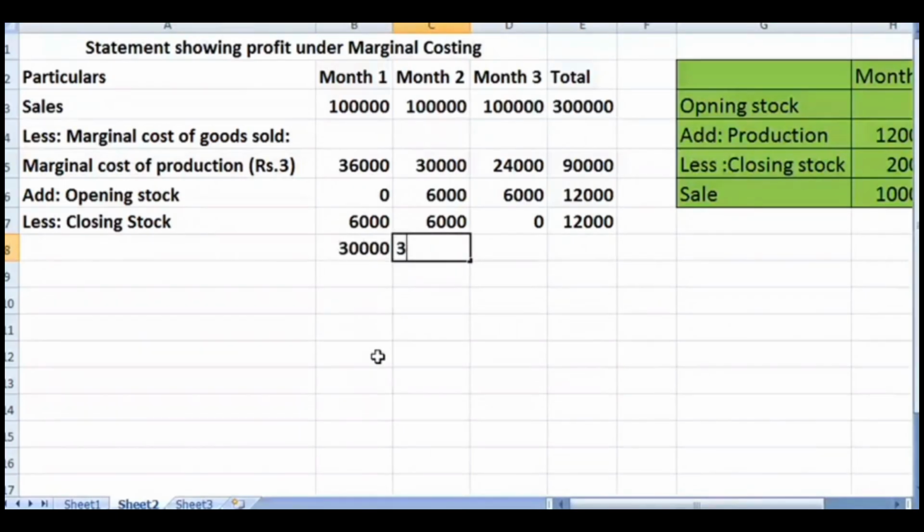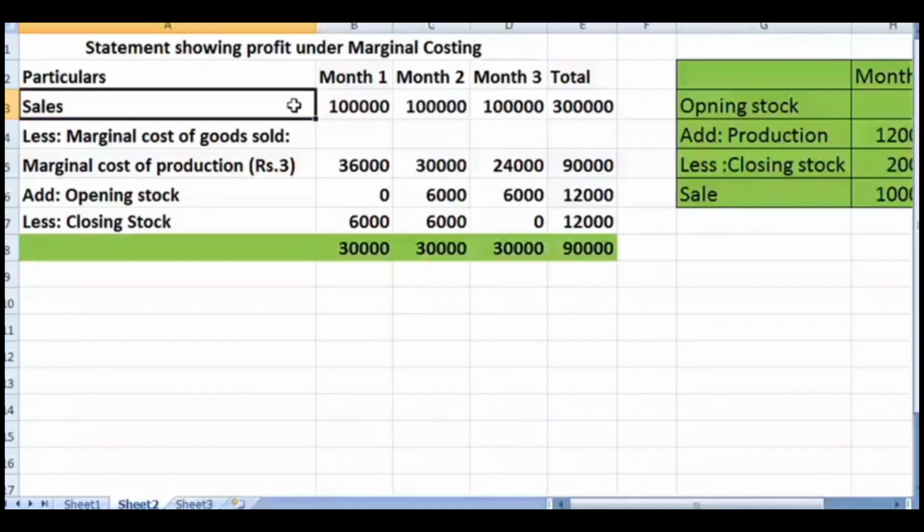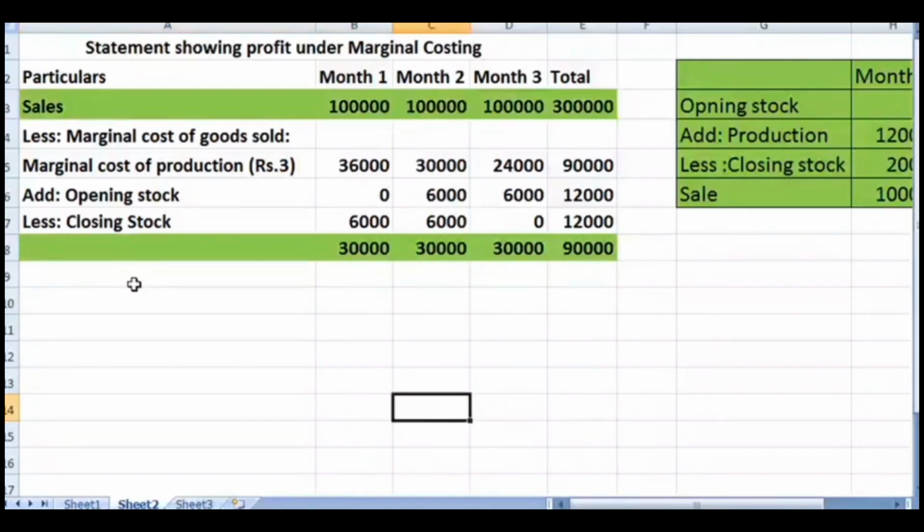Next 30,000. Next 90,000. So this is your marginal cost of goods sold.